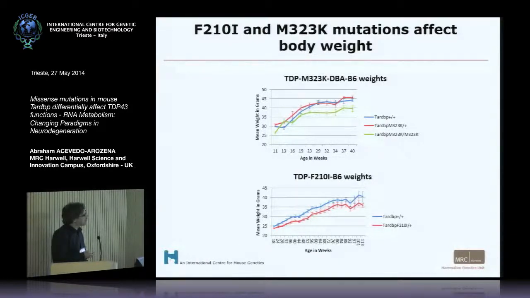The F21I mice, the only phenotype we can find is that the females weigh less than the wild type. This is on the heterozygote ones. And remember that these heterozygote mutants have a signature of a knockdown. It's dose dependent, but they do have really amazing changes at the molecular level.